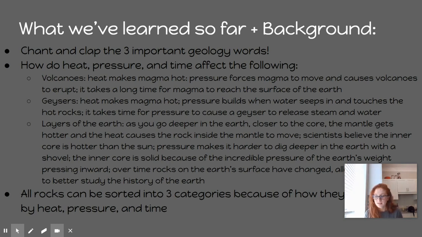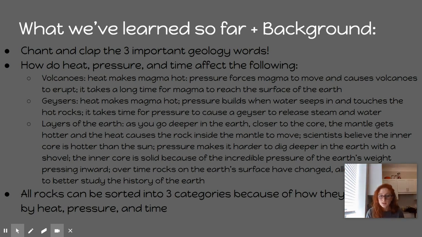Think about the very, very center of the earth. All that pressure makes the middle a solid, right? And how about time? Over time, rocks on the Earth's surface have changed, right? And we can learn about the Earth by studying the rocks.